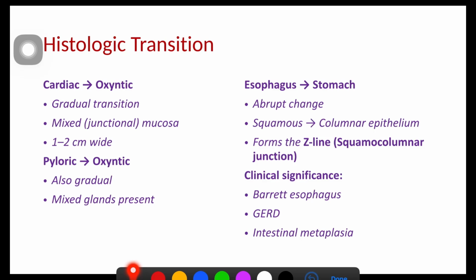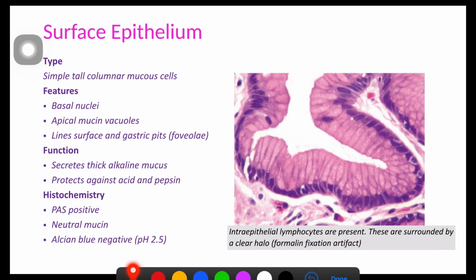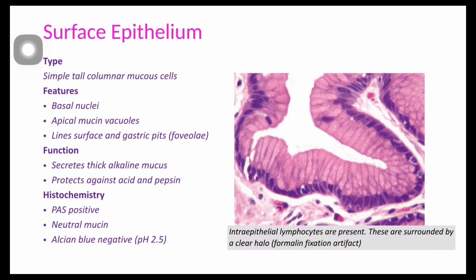But from esophagus to stomach, it is an abrupt change from squamous to columnar epithelium, and it forms the Z-line, which is the squamocolumnar junction. And the significance is where you see Barrett esophagus, gastroesophageal reflux disease, and intestinal metaplasia.